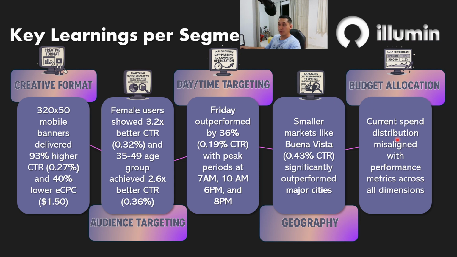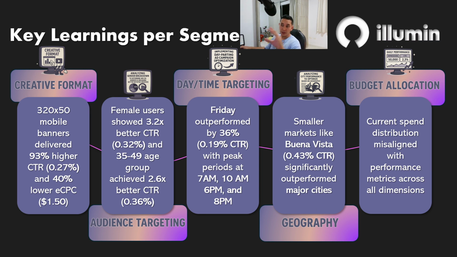The current distribution is misaligned with performance metrics. So now that we have all of the information about the demographics and the behavior of the creative formats and the audience, we can definitely identify a misalignment between the performance metrics and the use of ad spend across all the dimensions and segments of this campaign.